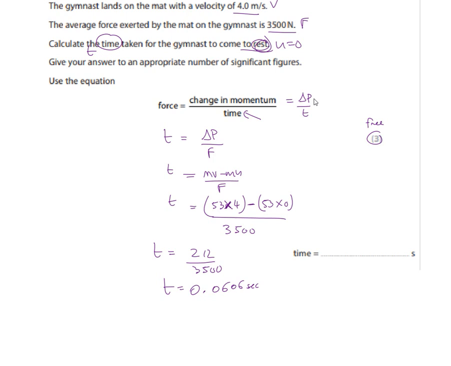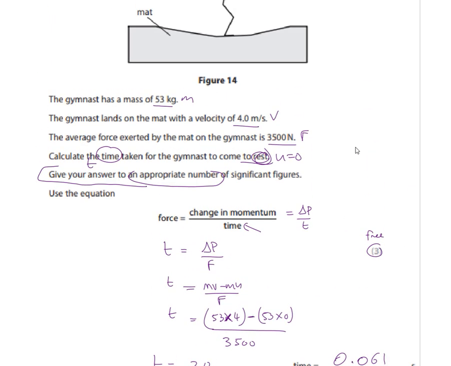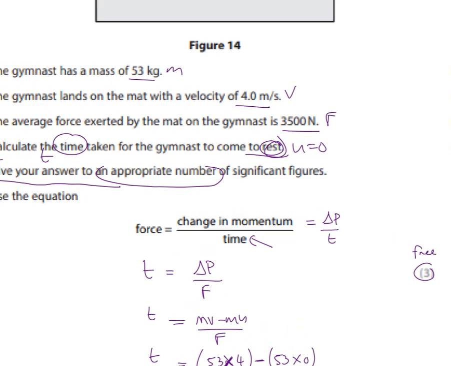Ooh, the question says give your answer to an appropriate SF. Okay, now that's too much. So what I will do is I will give this to 2 SF. So therefore 0.061. Now why 61 is because if I look at the numbers there, how many figures do we have? Let me use a different color pen there, so this way you can actually see.